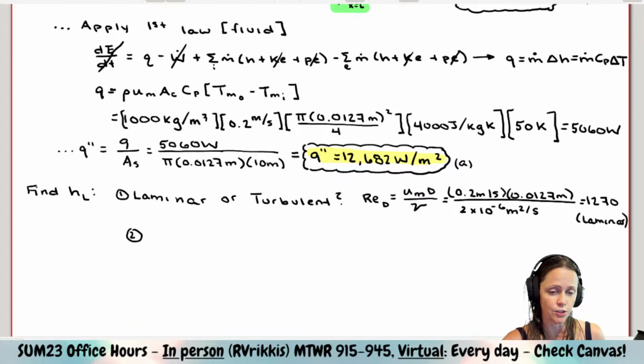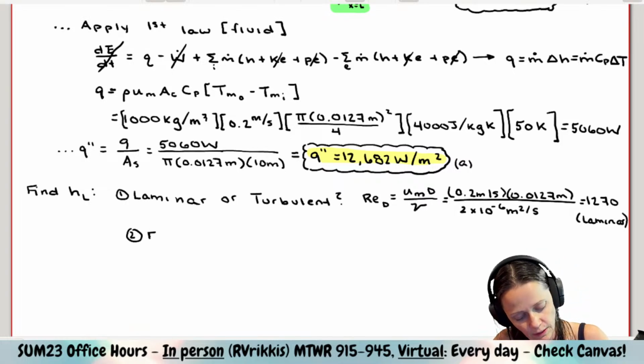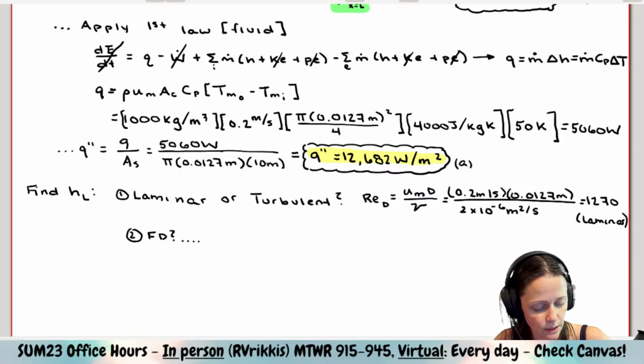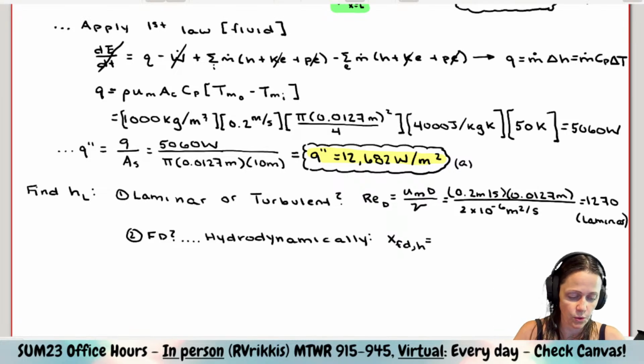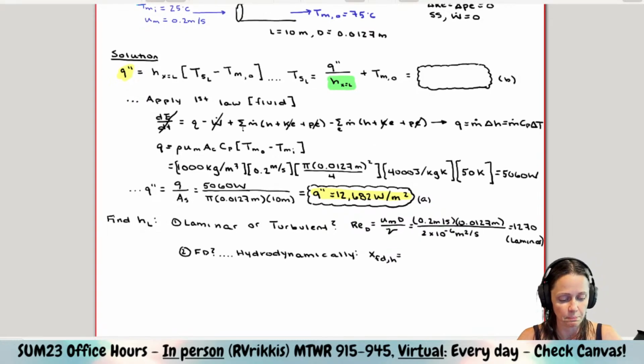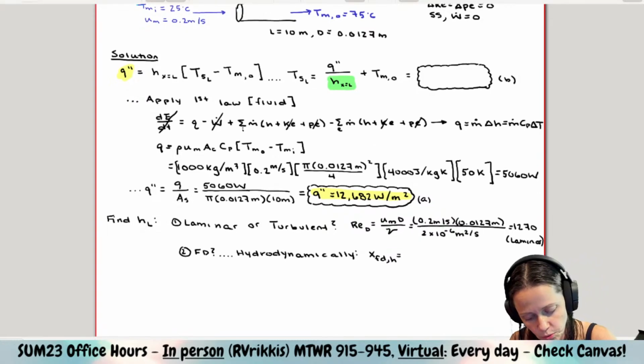I also need to figure out, is it fully developed or not? Okay. So let's see if it's fully developed hydrodynamically. Basically what we're doing is calculating where this transition to fully developed flow occurs, and then we're going to compare that to the length, right?